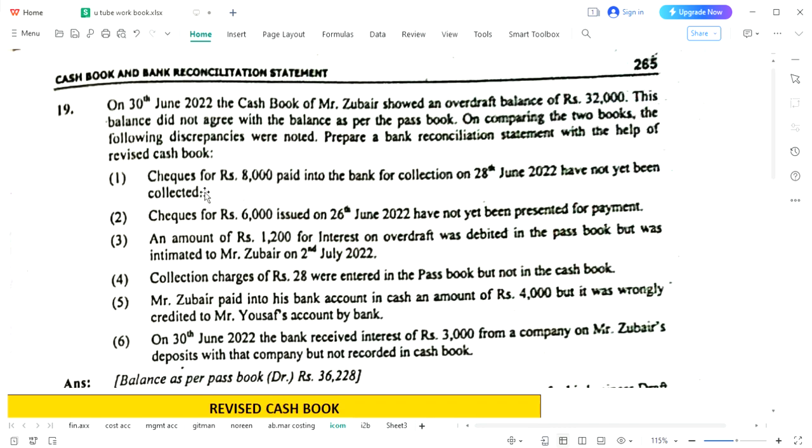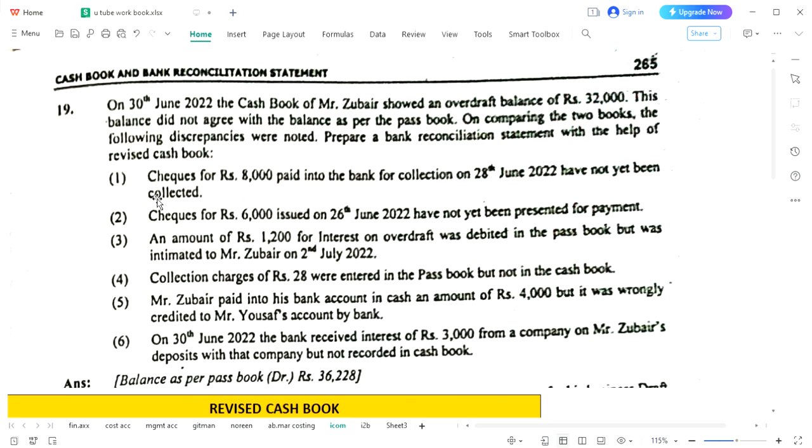Now next, check for 8,000 paid into the bank. And what do we search from paid into the bank? Paid into the bank synonym word is deposited. And in deposited checks, we search for uncredited, uncollected, uncashed checks. And here you can see not yet been collected. So these should be put on credit side.